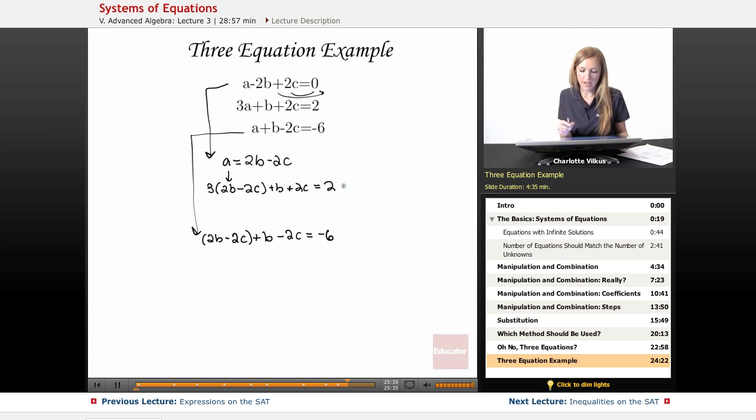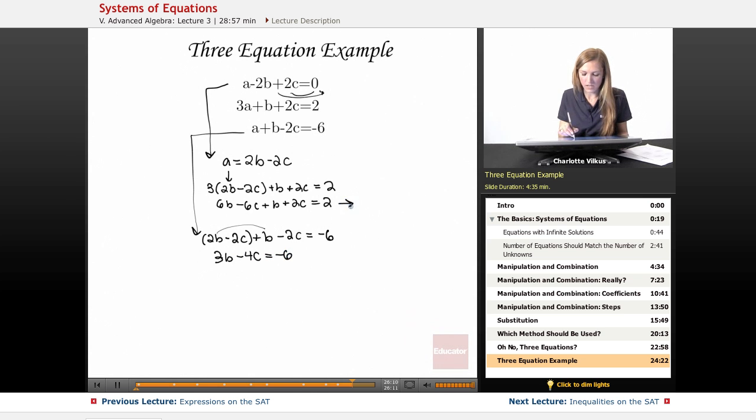So then we want to simplify both of these equations, and here I'm going to have 6b minus 6c plus b plus 2c equals 2. And the second one, I'm going to have 2b, and this one I don't need to multiply out, so 2b plus b is actually going to give me 3b, and then -2c plus -2c is going to give me -4c, and that is equal to -6.